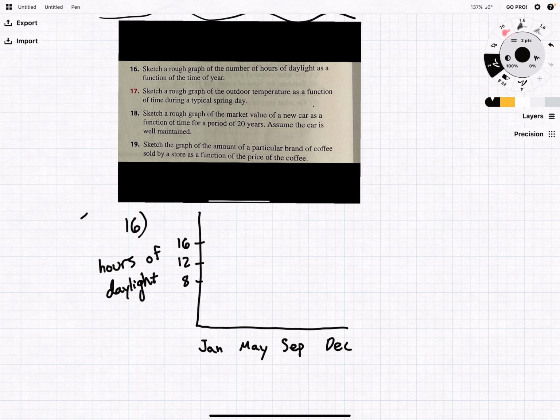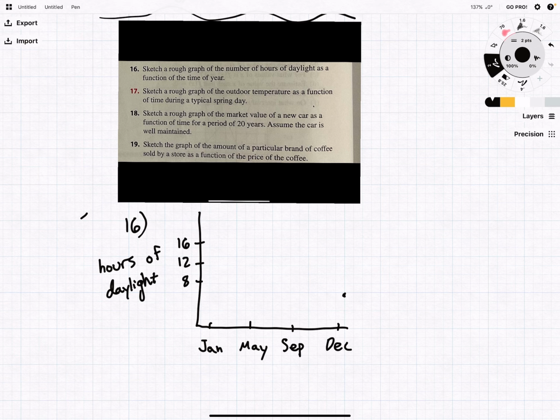So what we know is that the winter solstice, which is in late December, I think around December 20th or 21st, is the shortest day of the year. And then after that, it gets longer, and that's until around June. So we know that the lowest is going to be around December, and the highest is going to be somewhere around June, which is right after May, right?